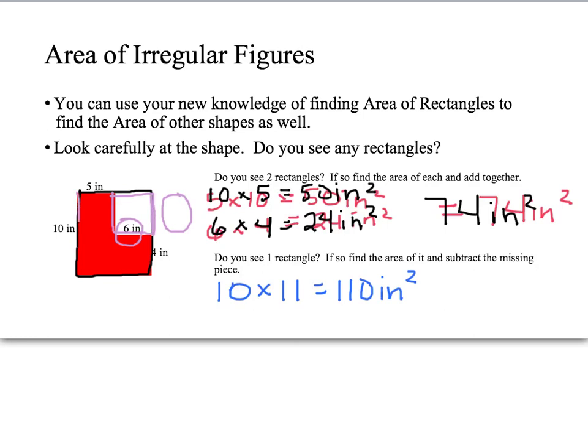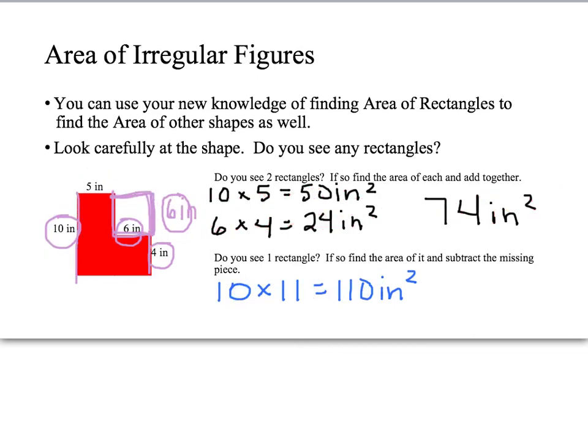Well, if we know that the whole top to the bottom is 10 inches, and we know that this part up here is 4 inches, we could subtract and find the difference, which gives us 6 inches. So this square here is actually 6 inches by 6 inches. So you're going to take 6 inches times 6 inches, which gives you 36 inches squared. If you take the total area of the big rectangle minus the little piece that is no longer in there, you would get 74 inches squared.